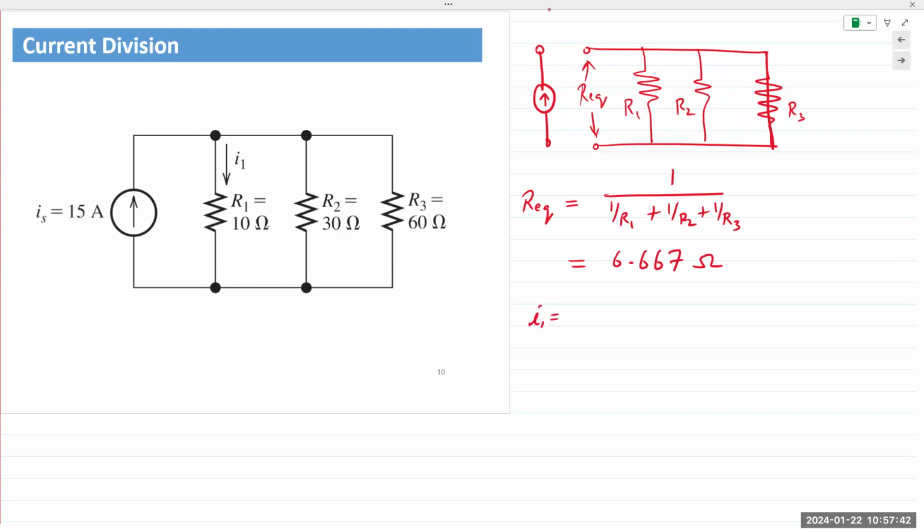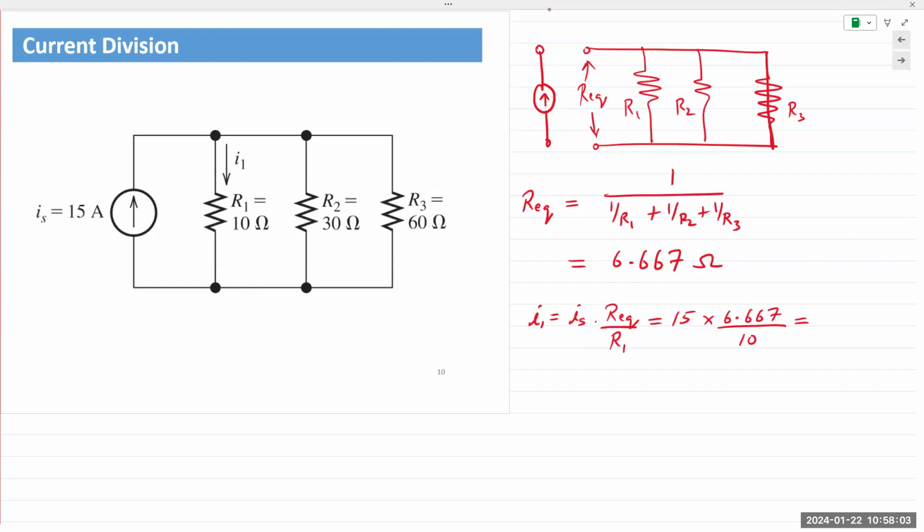I1 would be a fraction of IS, the source current, times REQ divided by R1. So 15 times 6.667 divided by 10 ohms.